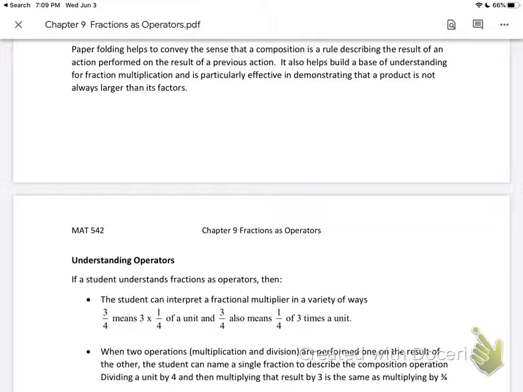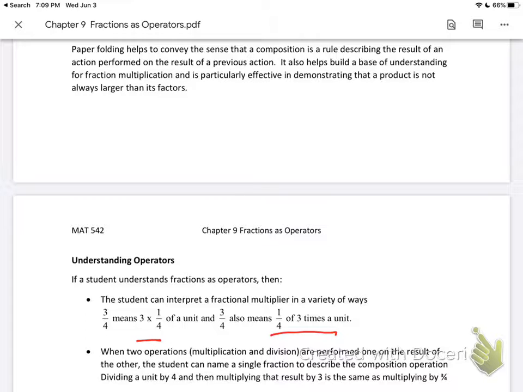Okay, so understanding operators. If a student understands fractions as operators, then what will they understand? So the student can interpret a fractional multiplier in a variety of ways. 3/4 could mean 3 times 1/4 of a unit, but 3/4 can also mean 1/4 of 3 times a unit.